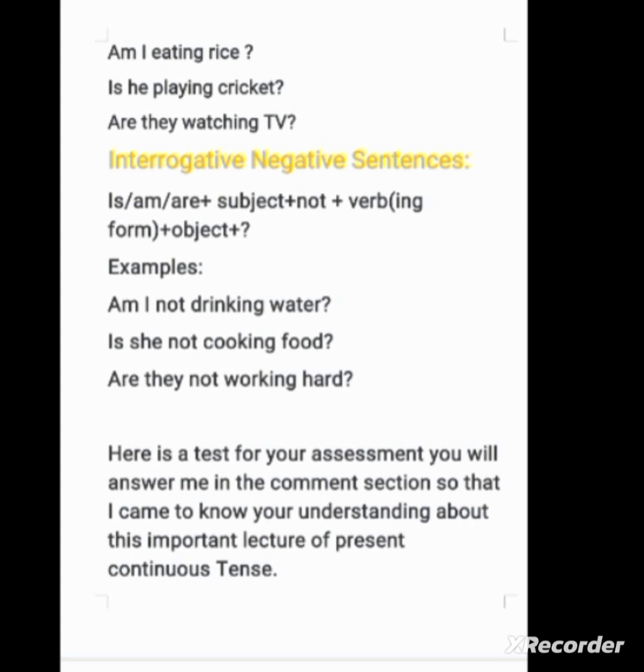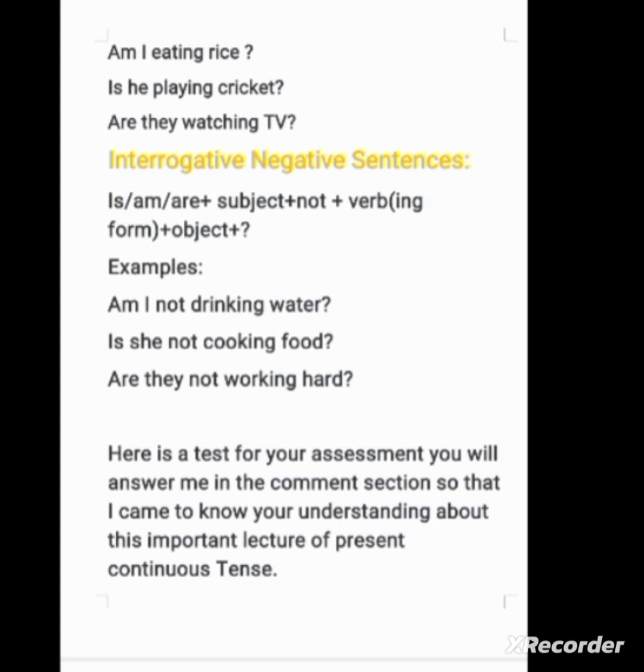You can see the examples here. Am I not drinking water? Is she not cooking food? Are they not working hard? So these are the structures for present continuous tense, and I elaborated all types of sentences.